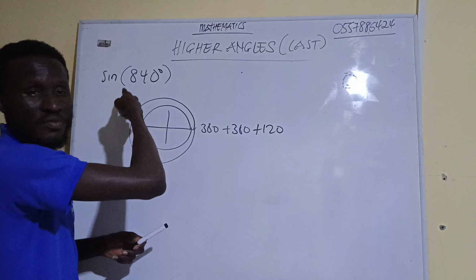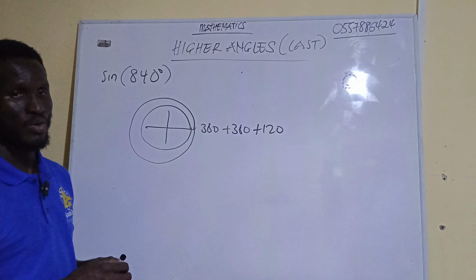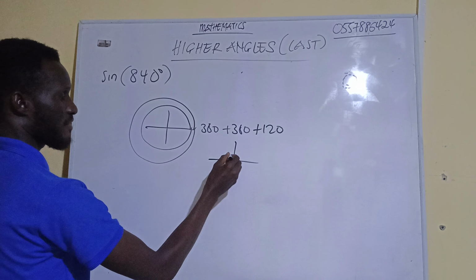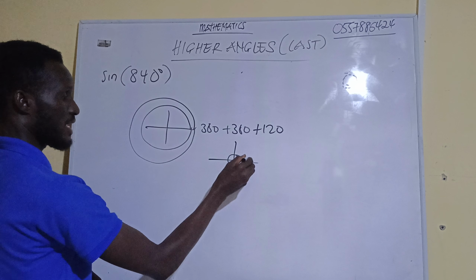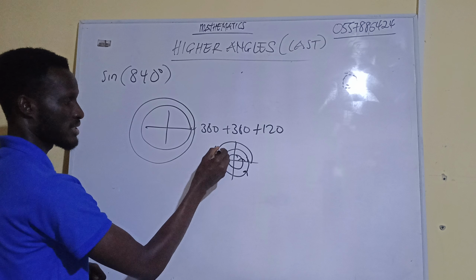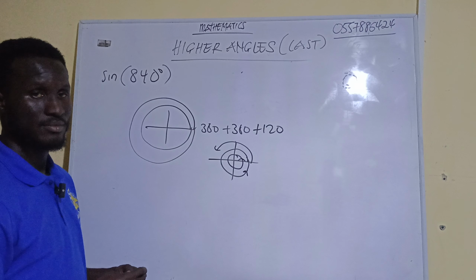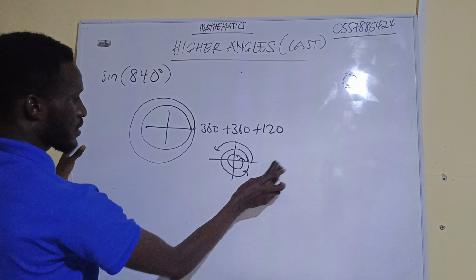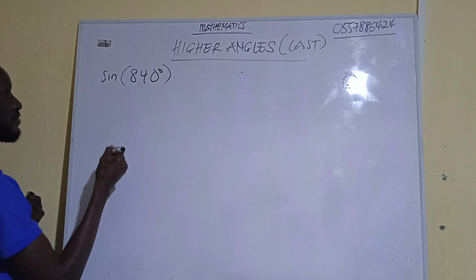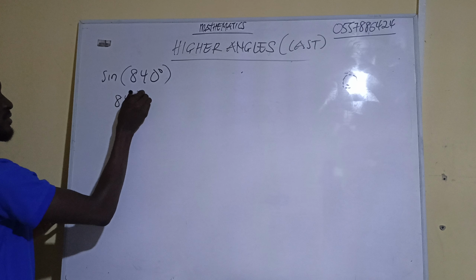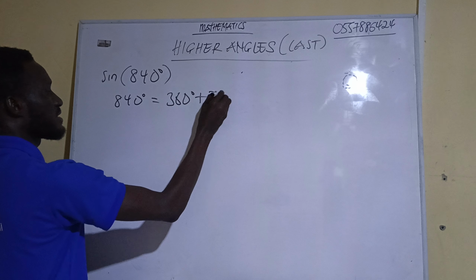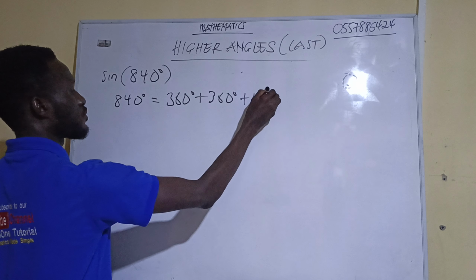Which means I need to move 2 complete cycles before I will now come and read 120, which will be in the second quadrant. So if I am to find 840, I will say that it is the same as 360 plus another 360 plus 120.